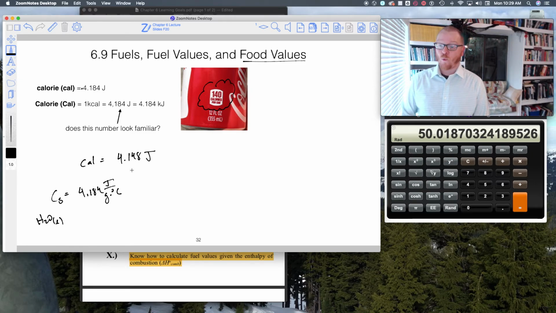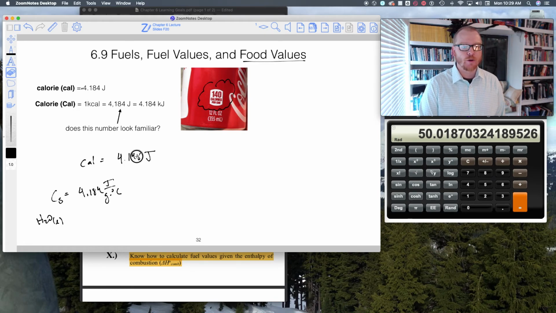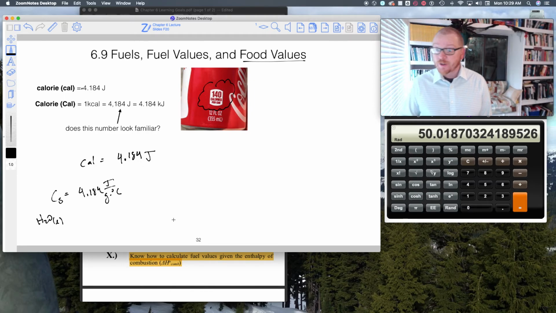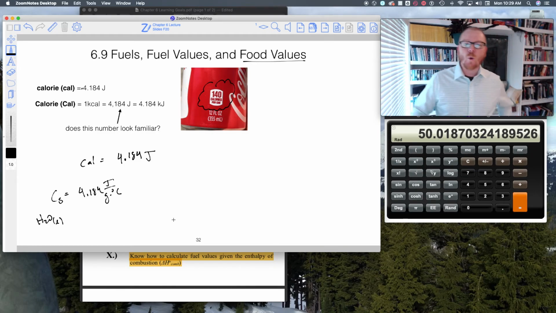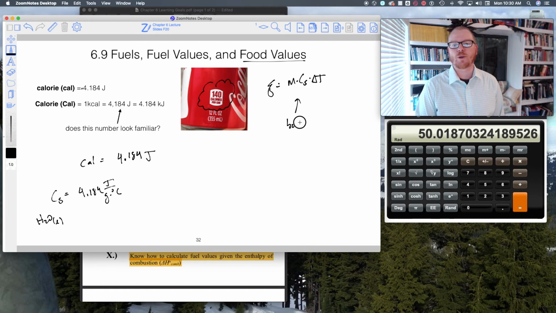And why is that? Well, because your body is mostly made up of water. So when you think about when you're consuming food for energy, where does all that energy go? An enormous chunk of it goes into just maintaining your body temperature, right? We did this calculation. Heat equals mass times Cs times delta T. This is what your body is doing.